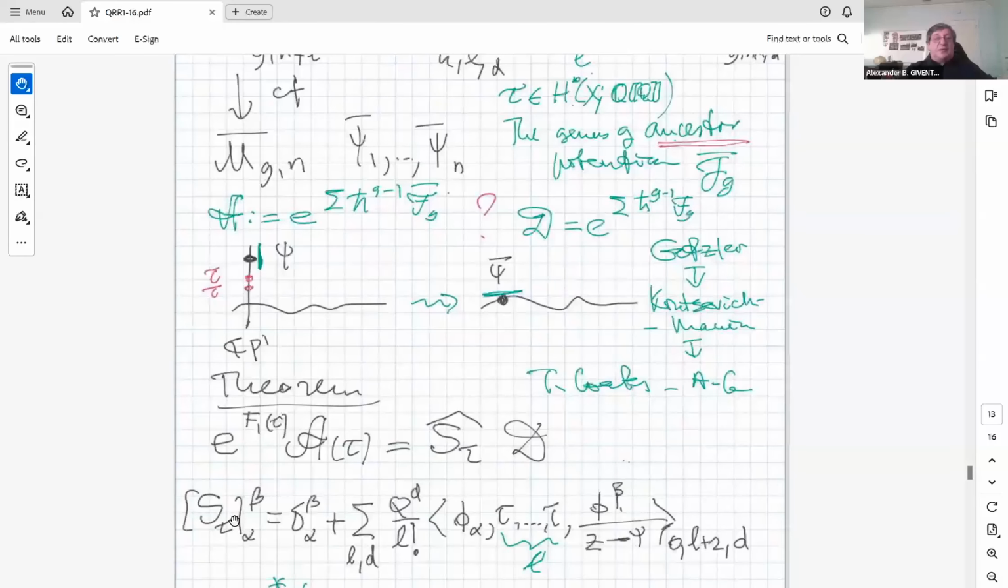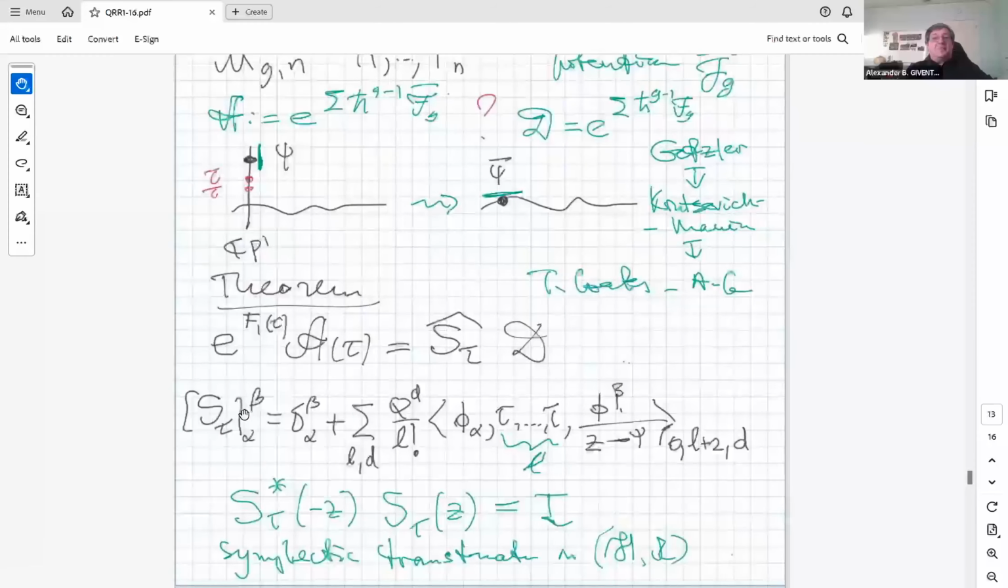In fact, as an object itself, it is an element of the loop group in our loop space. It is a matrix which acts on the cohomology space, as the string indices indicate, and it is a series in 1 over z, so it is an element of the loop group of our symplectic loop space.